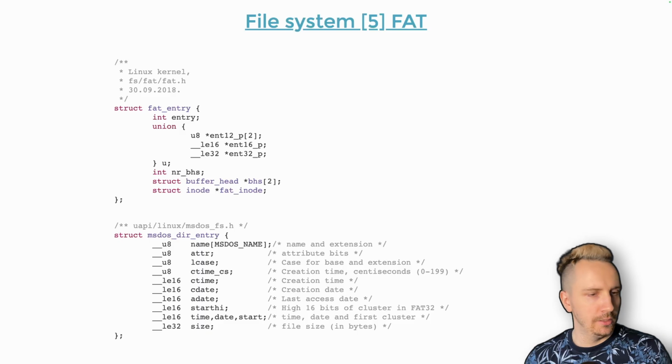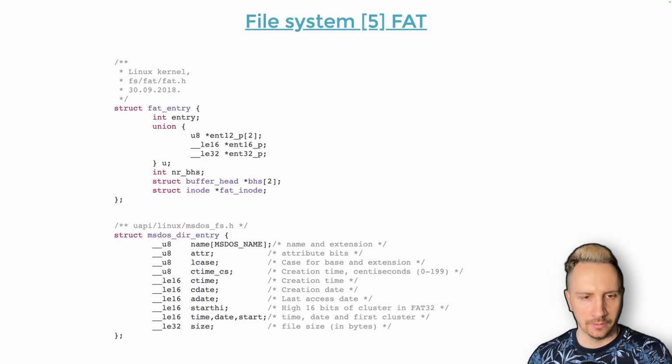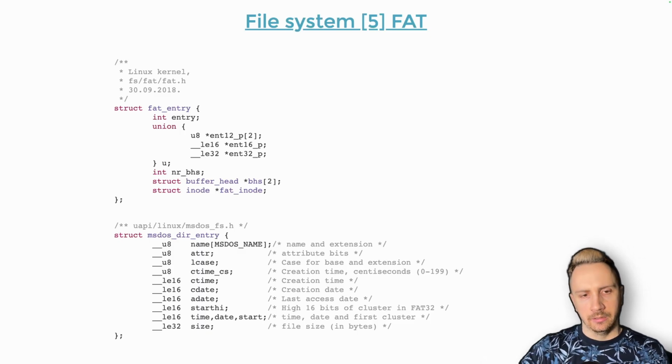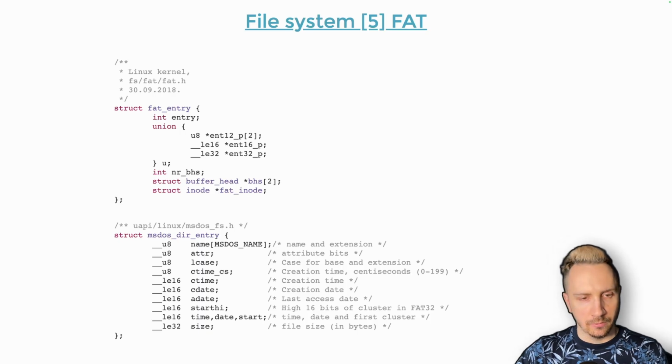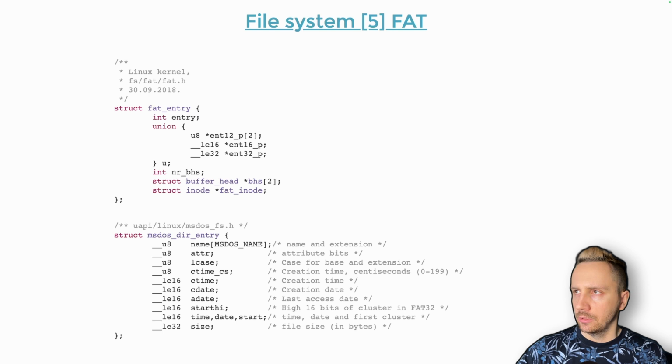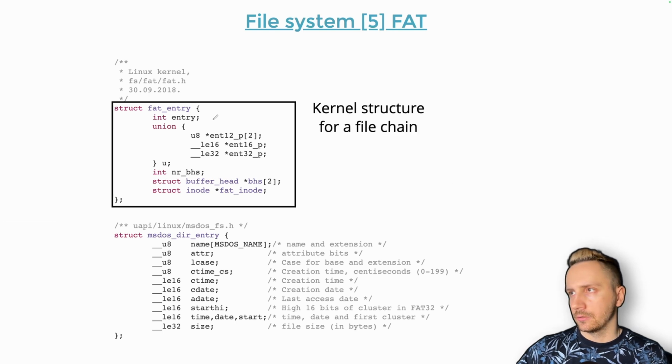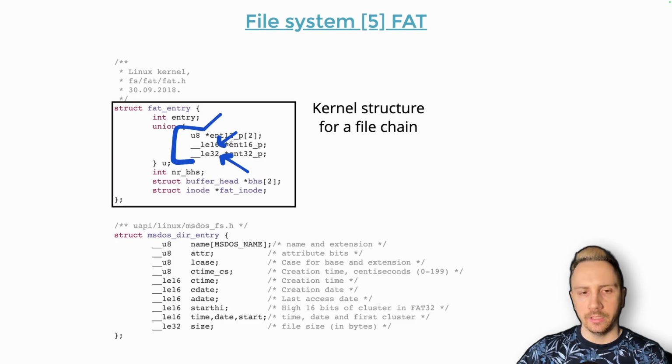it's good as a teaching example because of how trivially simple this file system is. You can literally read it completely in the kernel. It's not too big, very understandable. I tried to bring here some code samples from the kernel on the slide. You can see that this kernel structure for a file chain has specific hard-coded sizes of every field, like type of the file or whatever, next block ID and so on.